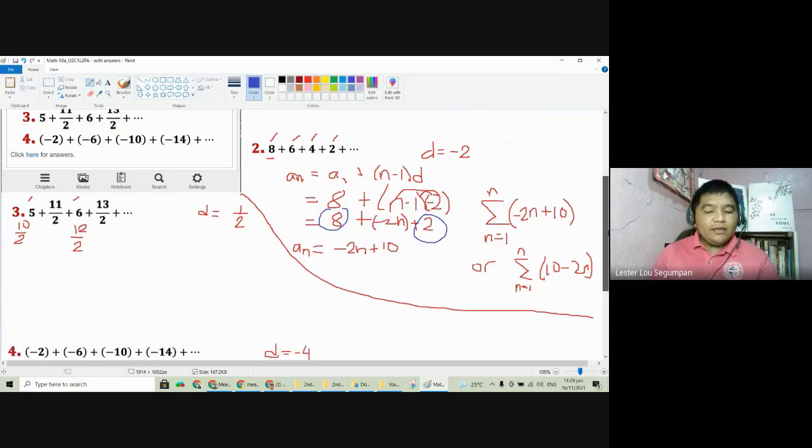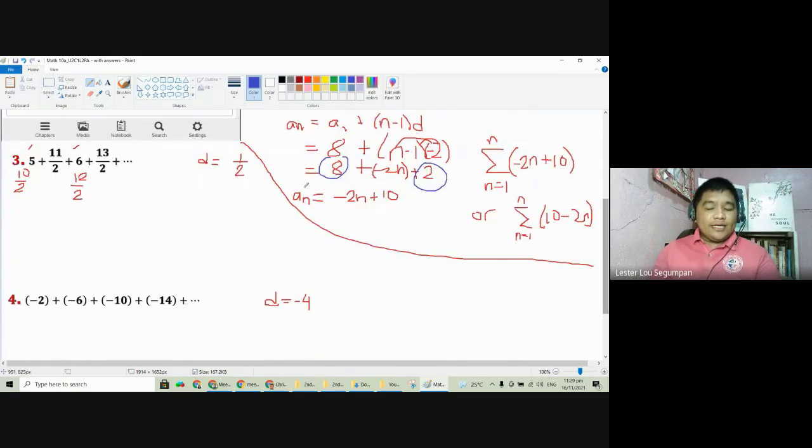In number 3, it may be a tricky one since d is 1/2, but still we just need to follow the given equation. A sub n is equal to a sub 1 plus n minus 1 times d.